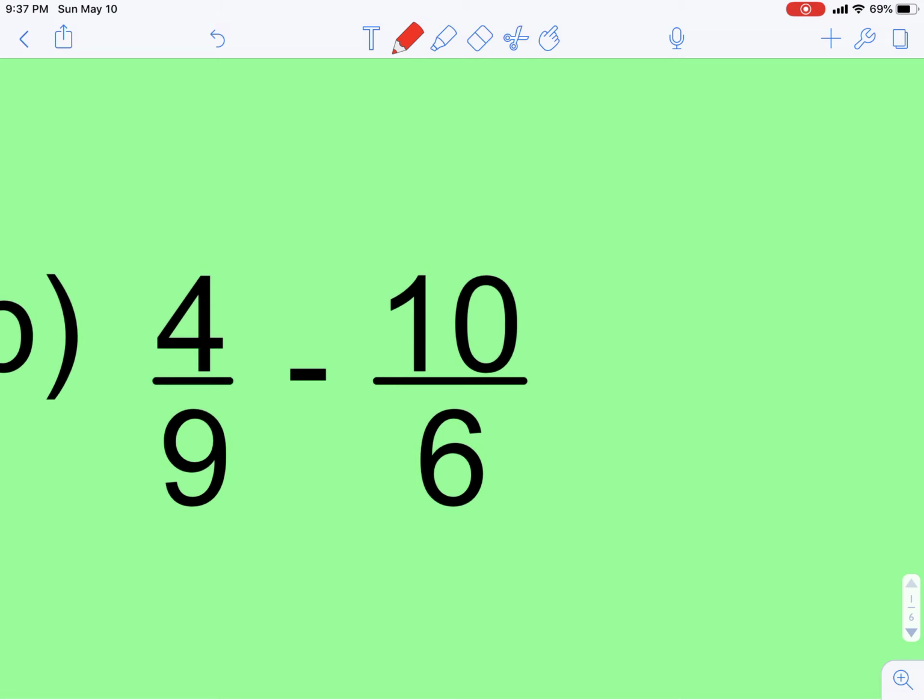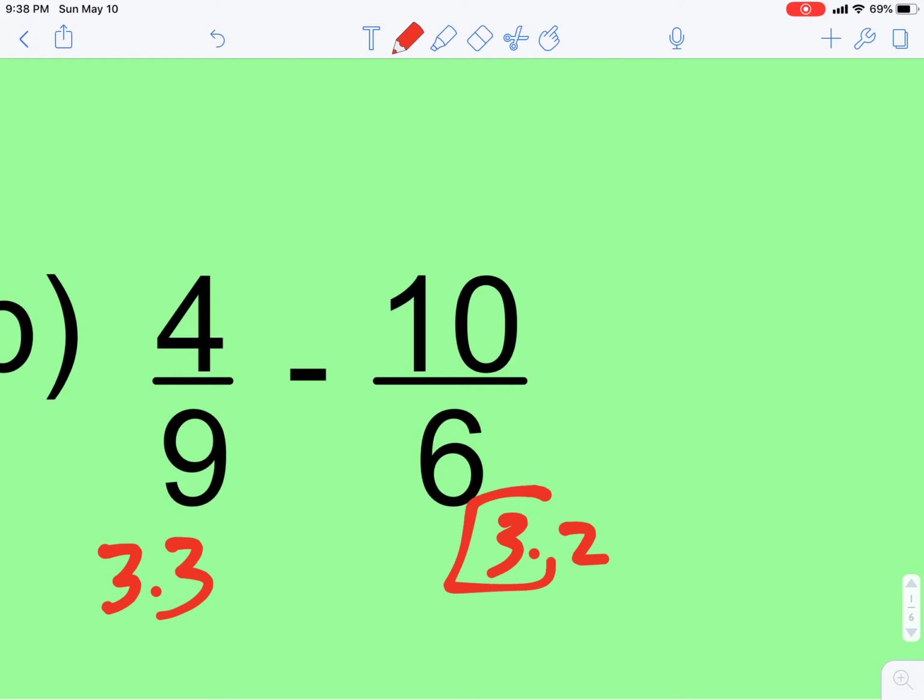Same thing here. One thing to look at is you can multiply this side by 9, this side by 6. However, you're not using the least common multiple. So we could say, hey, these each have a factor of 3 in common.